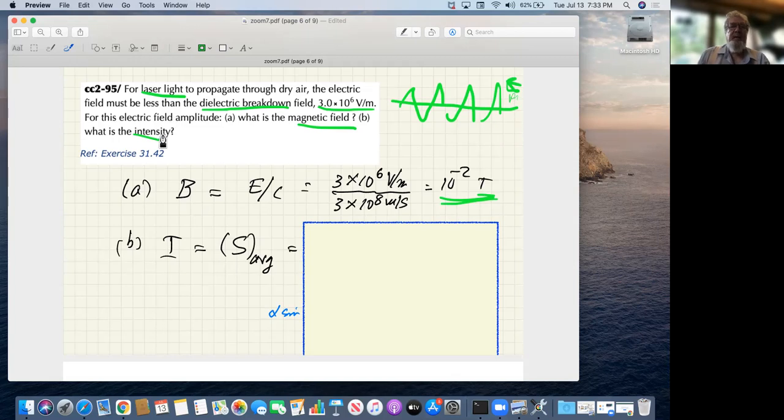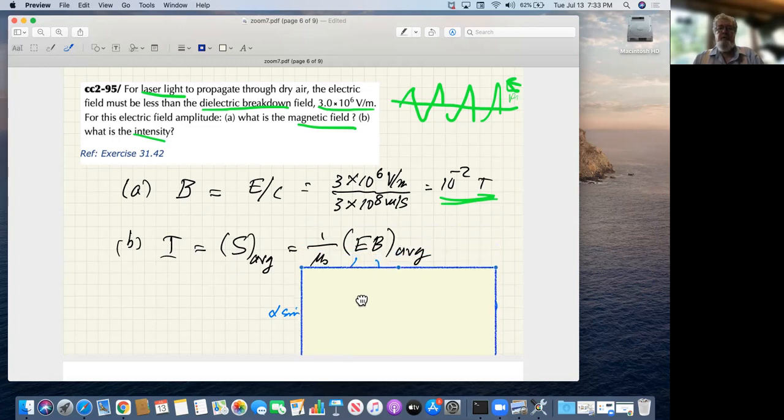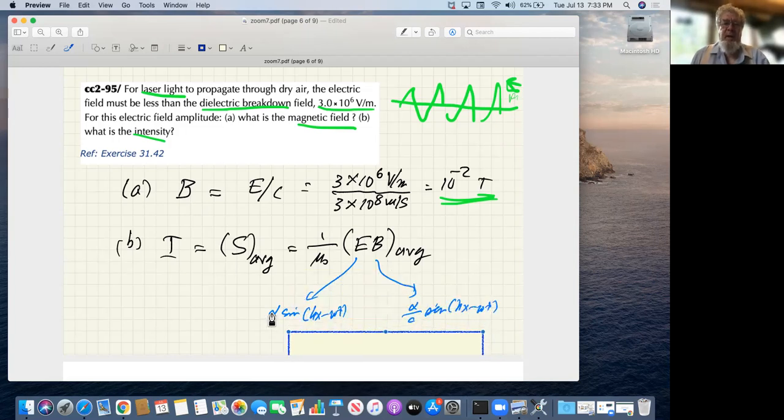And now what about the intensity? Well, remember from the equation sheet, intensity is energy flux averaged over time. So it's the Poynting vector, that's the energy flux, 1 over mu 0 E times B. You have to average over E times B. So E, remember, is some amplitude alpha sine(kx minus omega t).